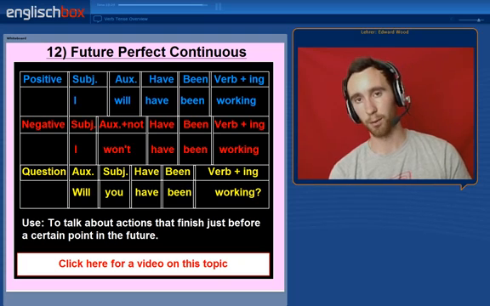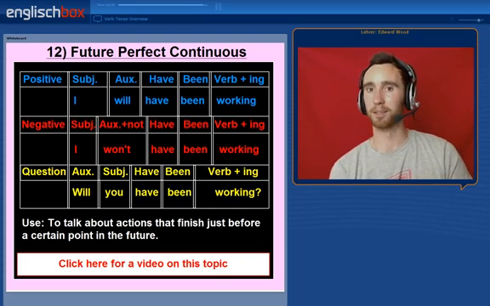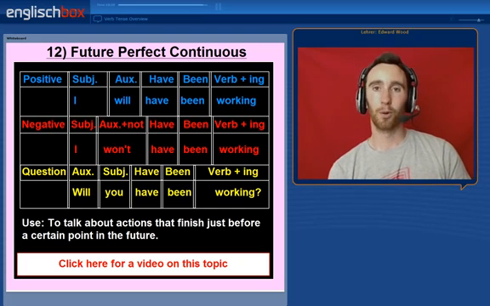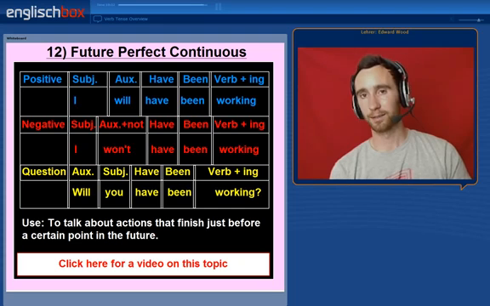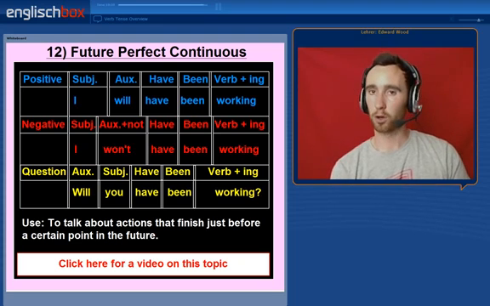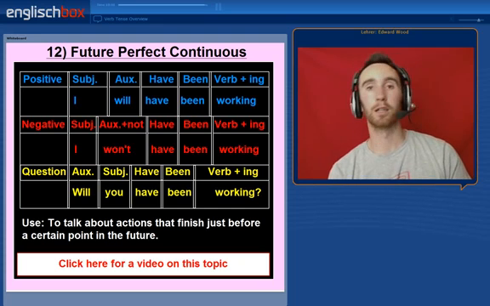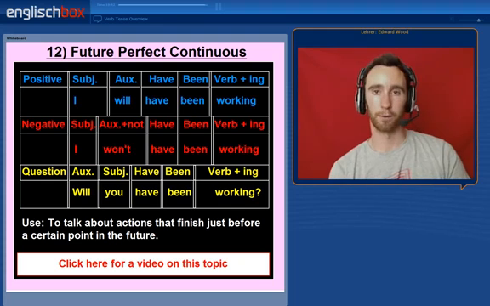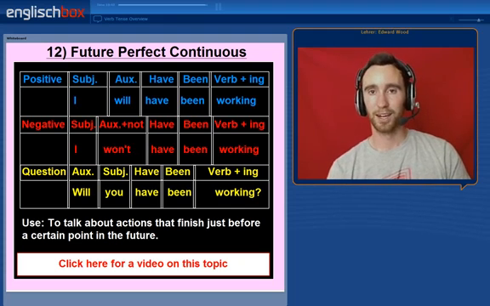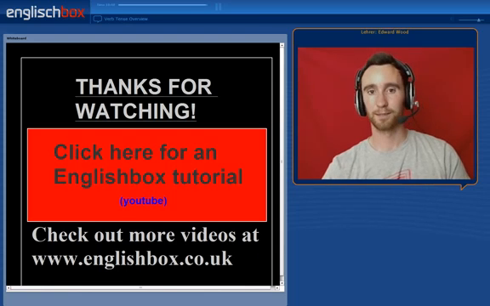To give you an example, if I can think of one, maybe a little bit better than my last example for the future perfect simple. I will have been working when my father arrives home at 5 o'clock. Means that maybe I will have been working for 8 hours when my father arrives home at 5 o'clock. Okay, that's the final tense.